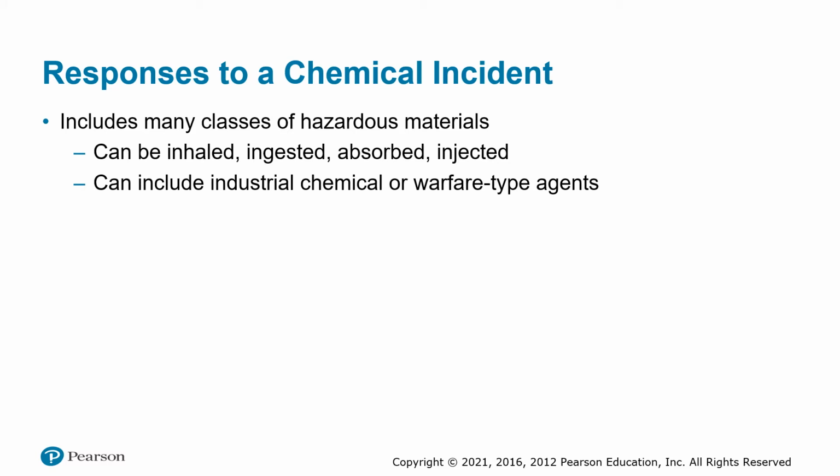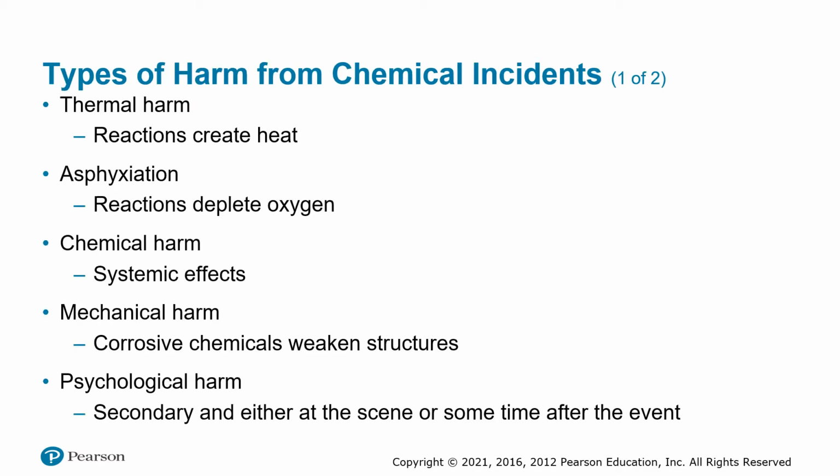So chemical incidents: there are many classes of hazardous materials. They can be inhaled, ingested, absorbed, or injected, and can include industrial, chemical, or warfare type agents. For TRACEMP, the thermal harm from chemical incidents is that reactions create heat.